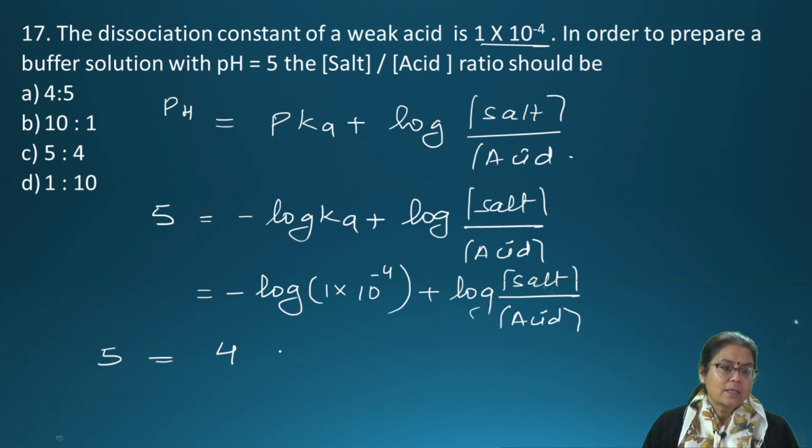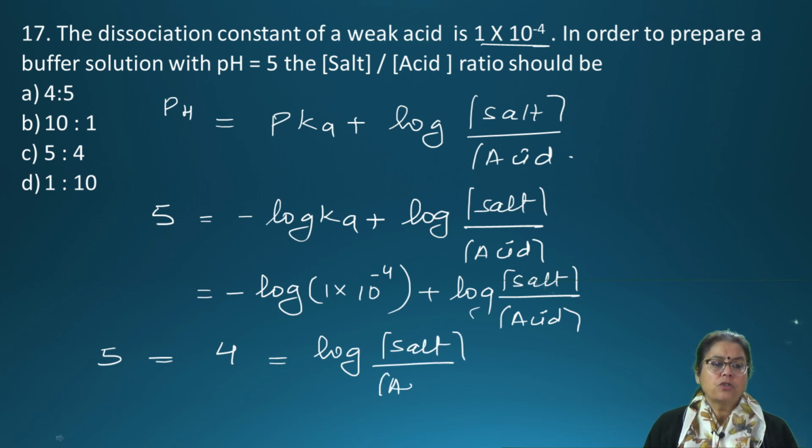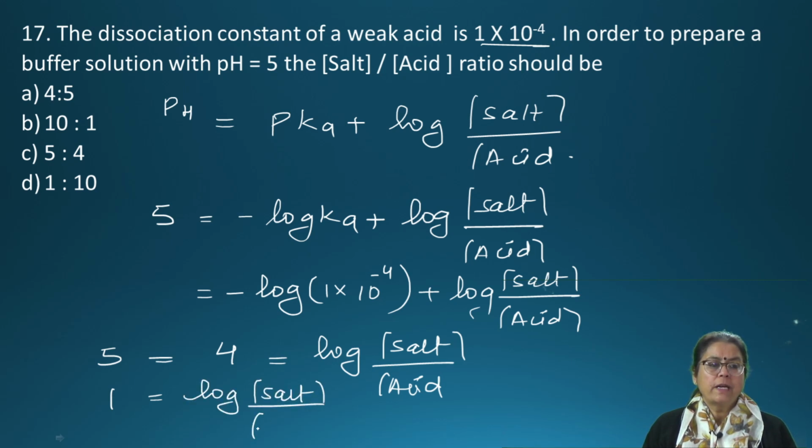ठीक है. Log of concentration of salt upon concentration of acid. तो ये 5 minus 4 आ जाएगा 1. Salt upon acid. Antilog of 1 that is equal to 10.